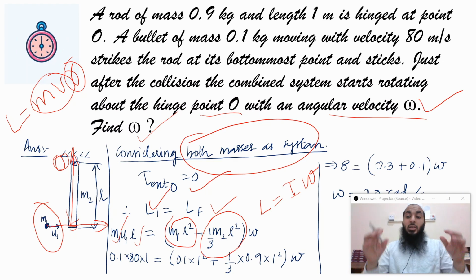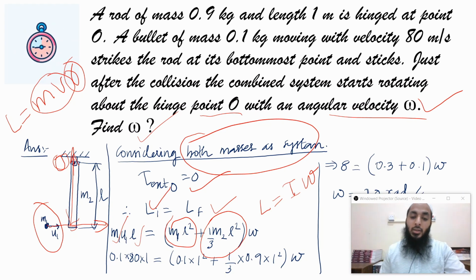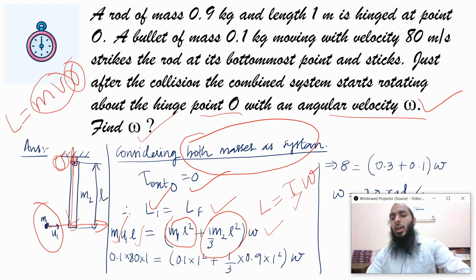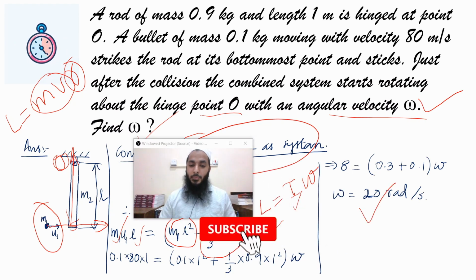If it was hinged at the center, then it would be ml square by 12, but it is hinged at the end point, so it will be ml square by 3. So this is the total moment of inertia into angular velocity. It's just a rearrangement. You have to rearrange and find omega, which will be equal to 20 radians per second.